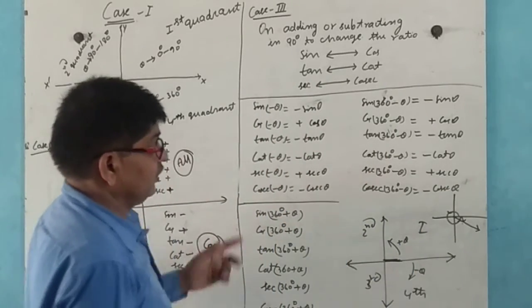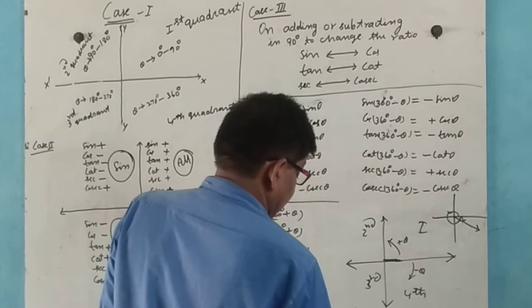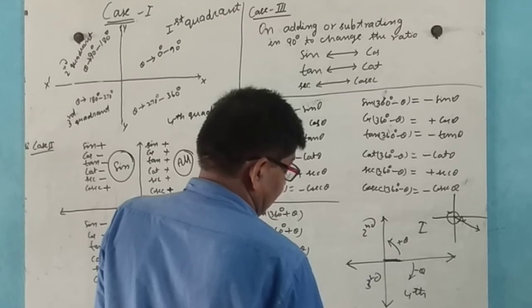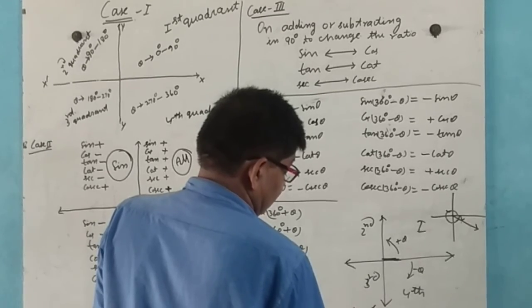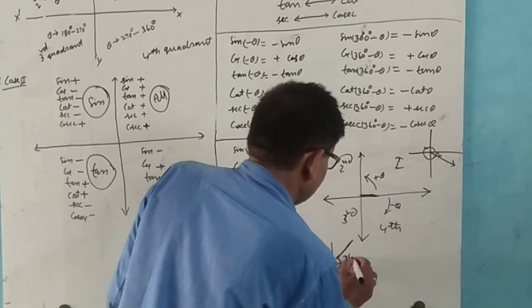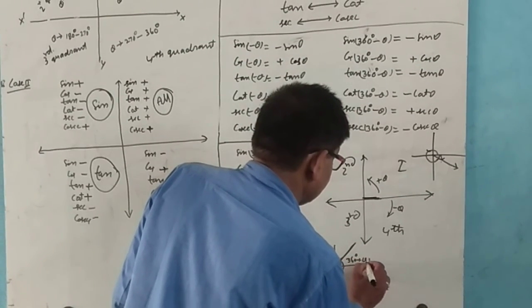But in this case, we come here, 270, 360, and here, that is 360 degree plus theta.